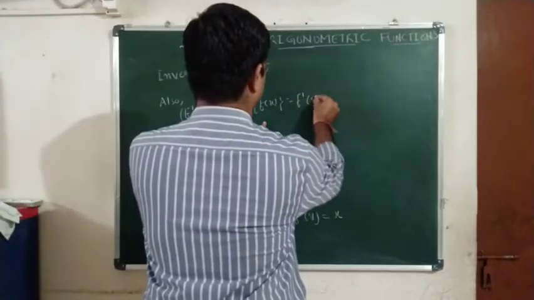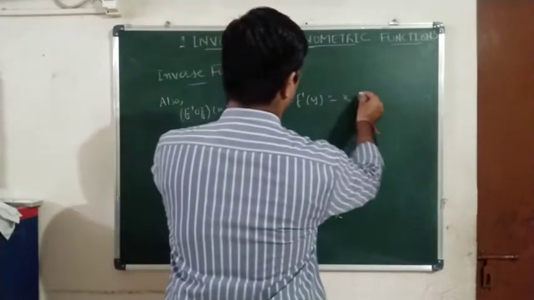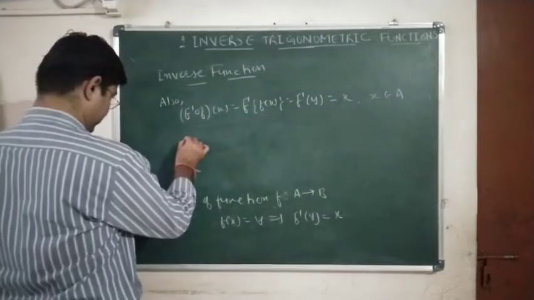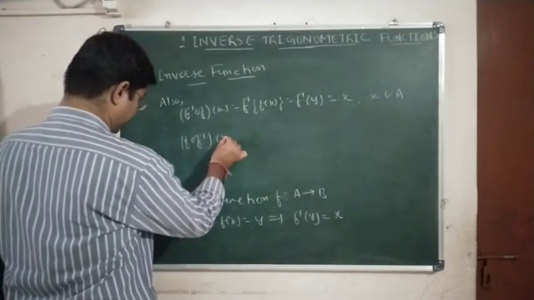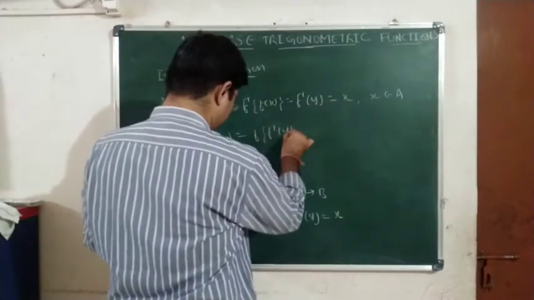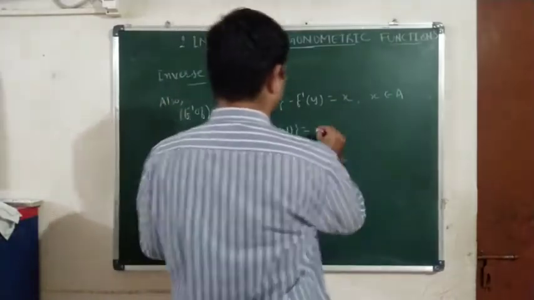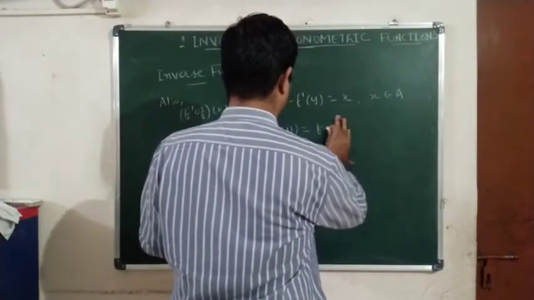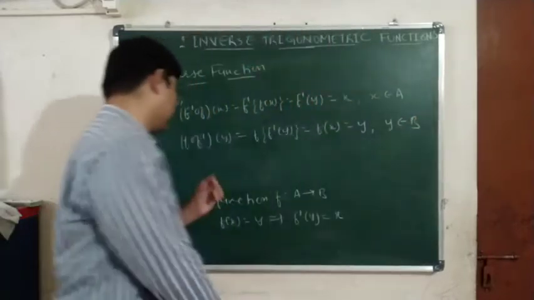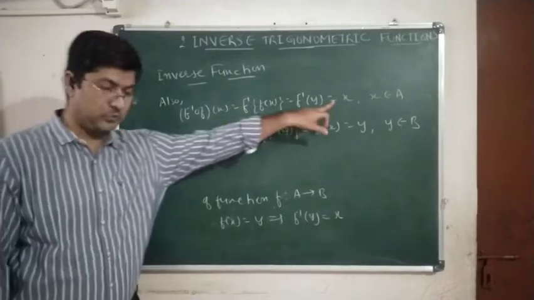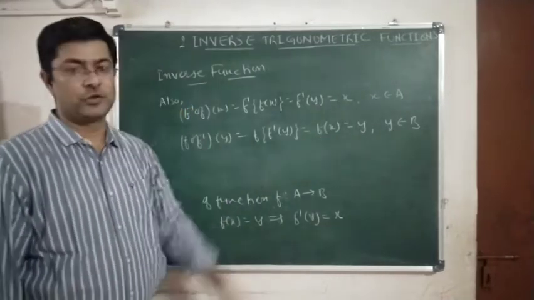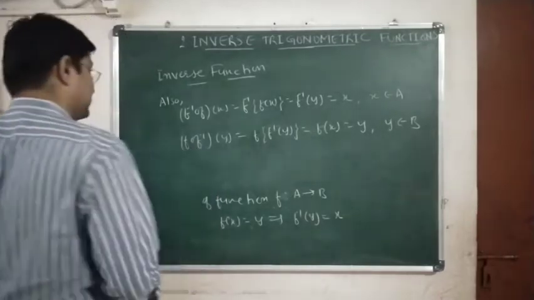Now f of x is equal to y, and f inverse y is equal to x, for all x belongs to A. Again, f of f inverse y is equal to f of x, and f of x is y, for all y belongs to B. So in short, f inverse of f of x is equal to x for all x belongs to A, and f of f inverse y is equal to y for all y belongs to B. Okay, so this is inverse function.